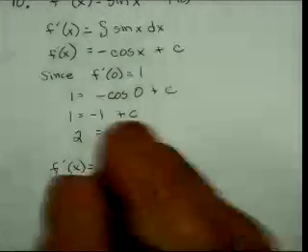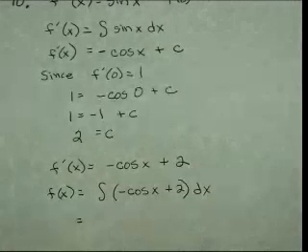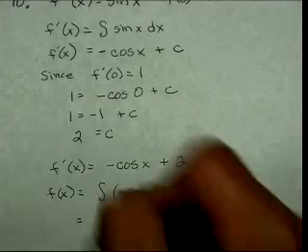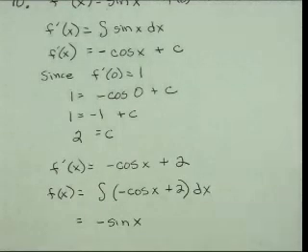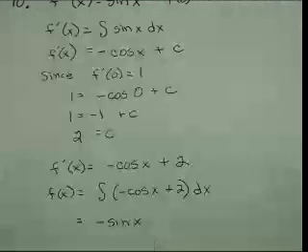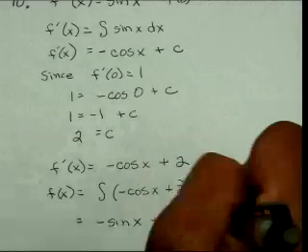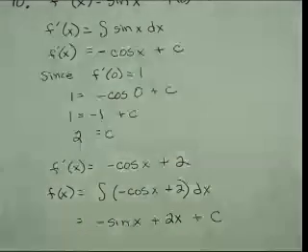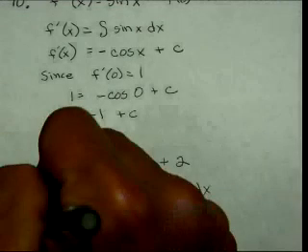What function would have as its derivative negative cosine? Negative sine. What function would have as its derivative just 2? 2x. And then the whole family of antiderivatives, plus c is what I meant to say.